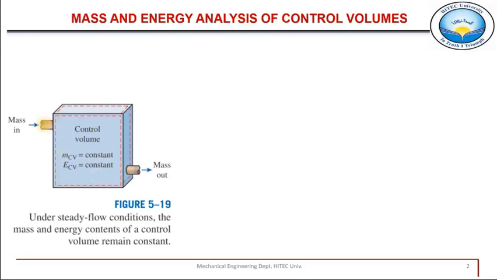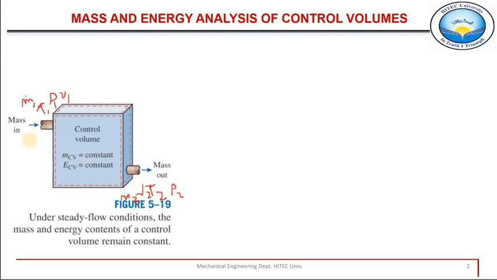For example, here the fluid is entering at a certain temperature T1, pressure P1, specific volume v1. It has a certain mass flow rate, m dot 1, at inlet. Similarly, it is leaving at a new temperature T2, pressure P2, volume v2, and mass flow rate m dot 2.